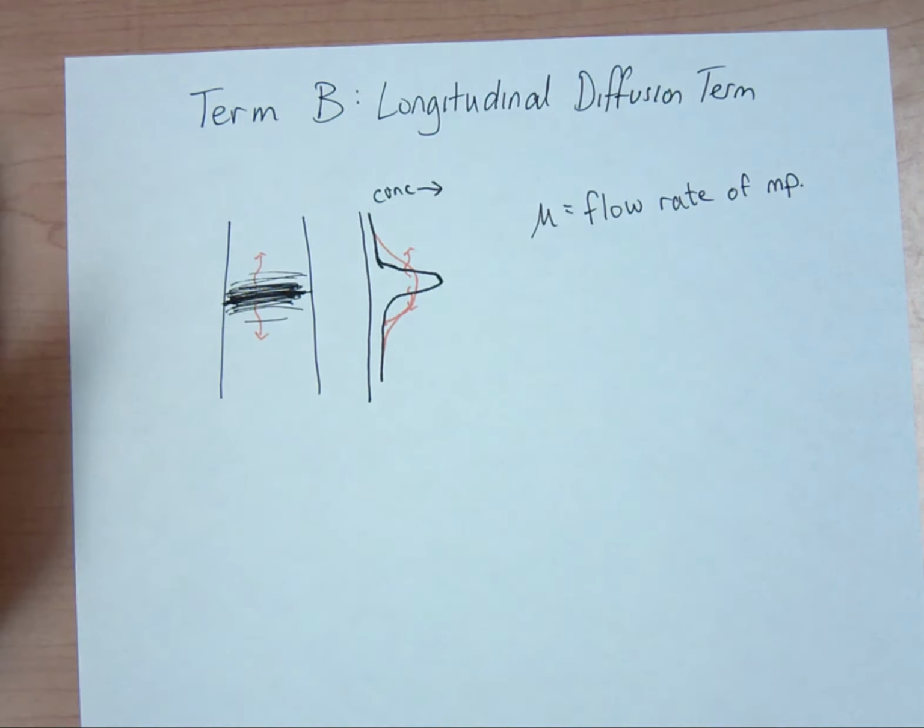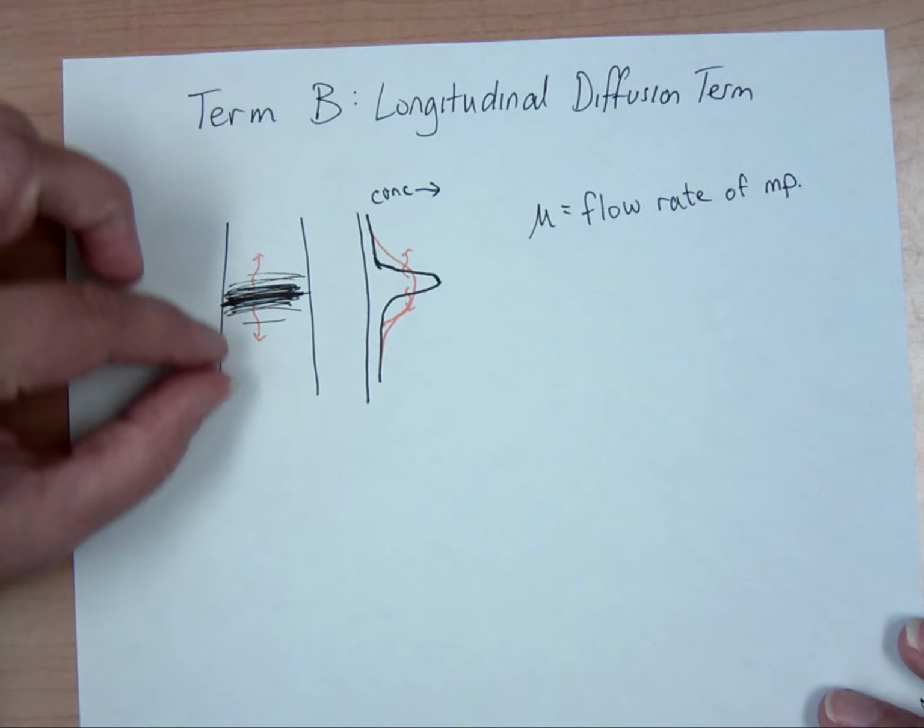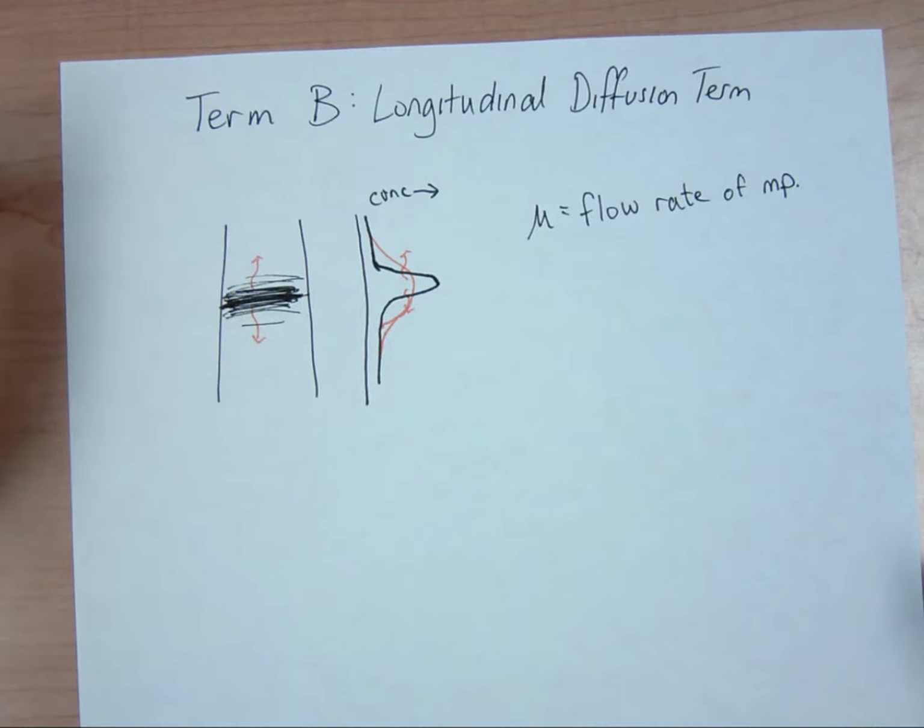And so what happens if we increase mu? As we move this faster through the column, it's going to take less time to get through the column, right? So ultimately, going faster through the column means we have less time for diffusion to occur.